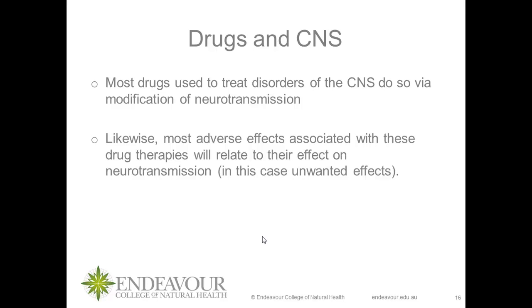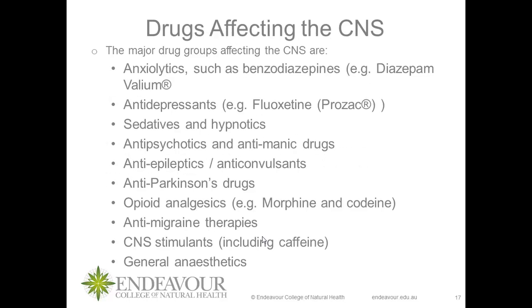So we consider the neurotransmitters for this reason: most drugs that work in the CNS modify the levels or actions of those neurotransmitters. Similarly, the adverse effects that are produced are often because they have an unwanted effect on that neurotransmission or on the levels of the neurotransmitters.